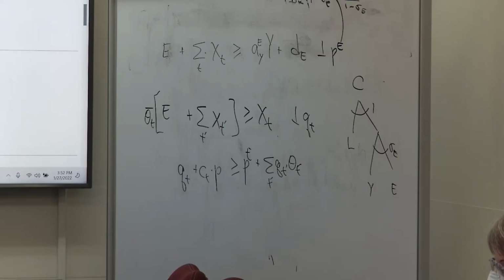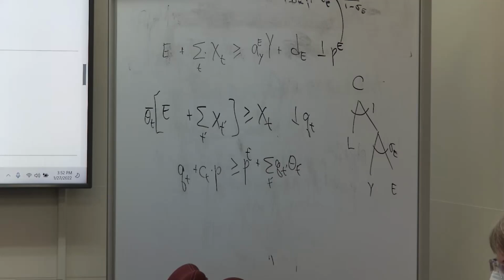Let's call it mu as the maximum capacity: mu of T times Q of T. Then I'm going to say profit for X of T.